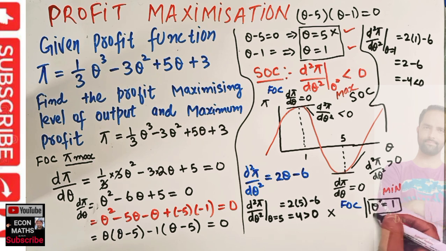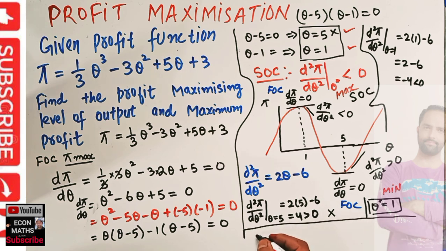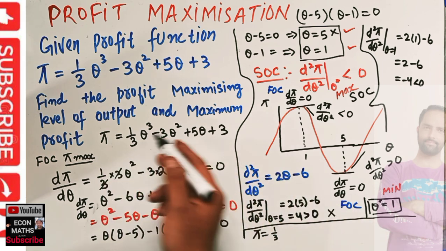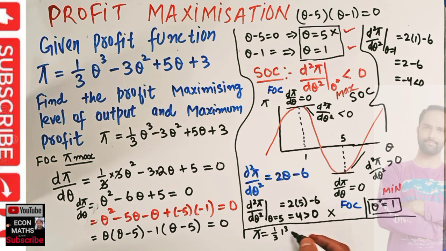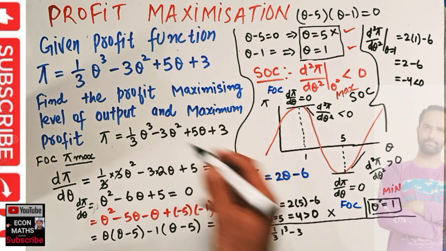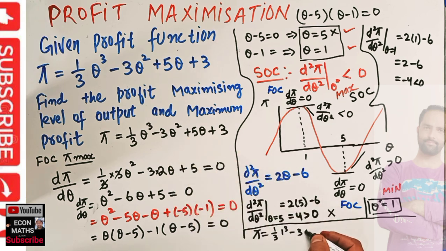Now we need to find the maximum profit also. For maximum profit, simple thing, just plug the value q equal to 1 into the profit function. So we have 1/3 in place of q³ we have 1³, minus 3 times q² is 1², plus 5 times 1 plus 3.